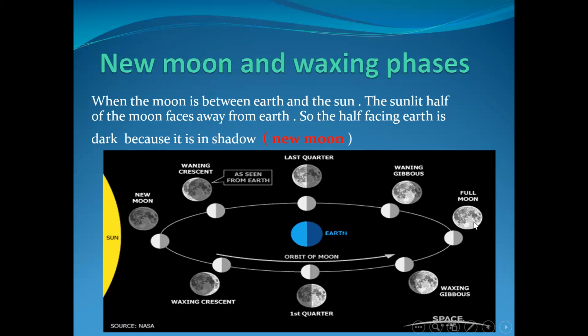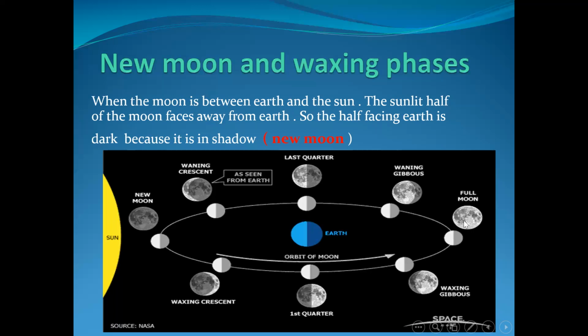After that we will repeat it, but in the opposite way. From the full moon, you will start to go through the waning phases. Waning phases start with waning gibbous.